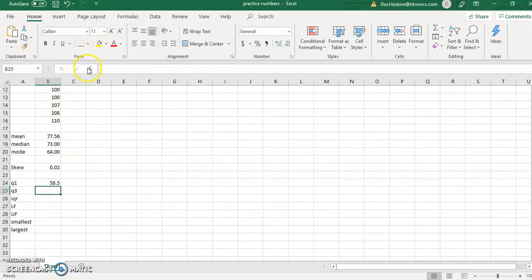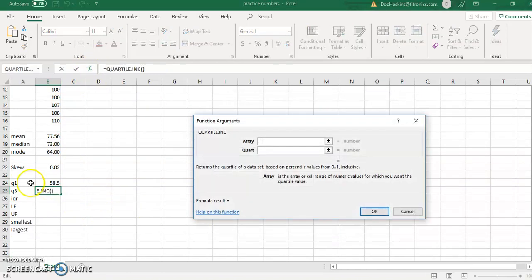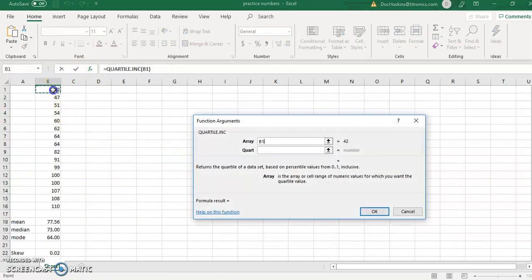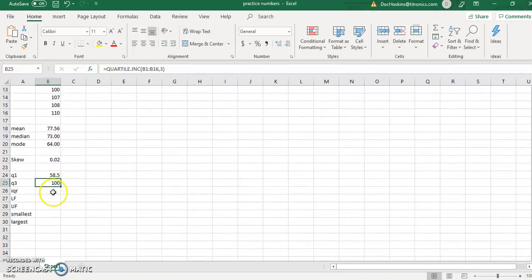And quartile 3. And we'll get that interquartile range, Q3 minus Q1. Hit enter.